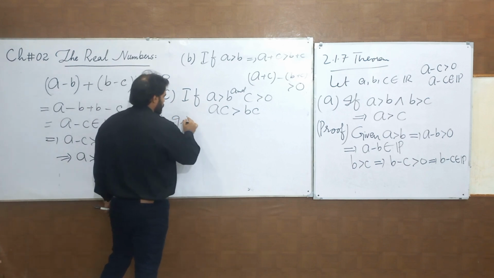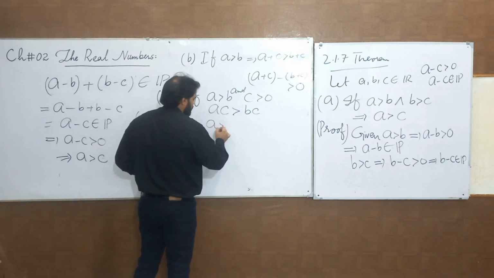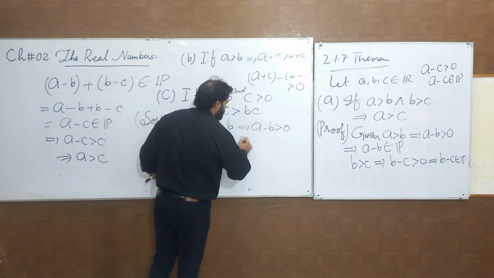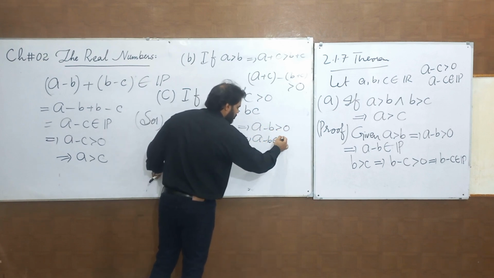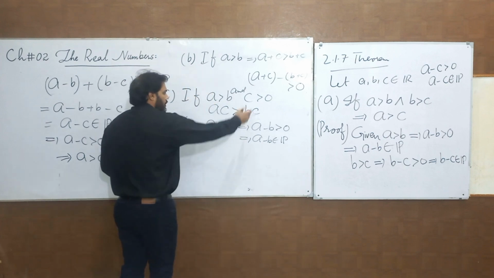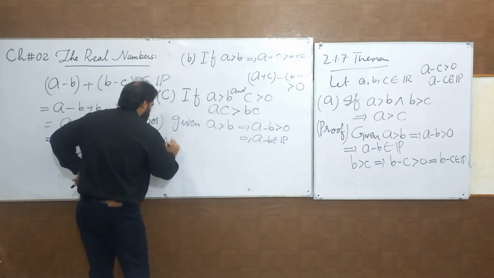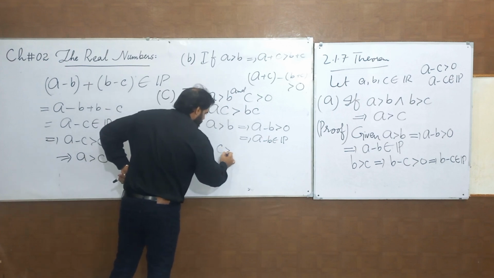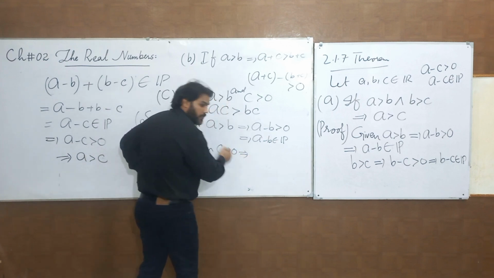Given A is greater than B, this implies A minus B is positive. This implies A minus B is an element of set P. Also, given C is greater than 0, this shows that C is positive.